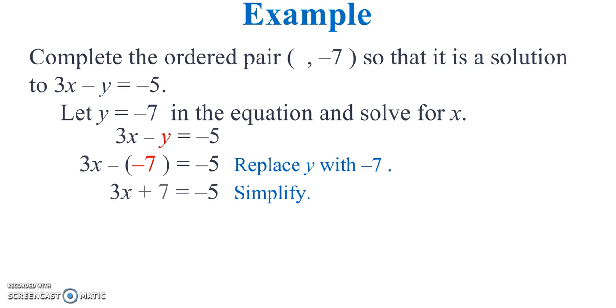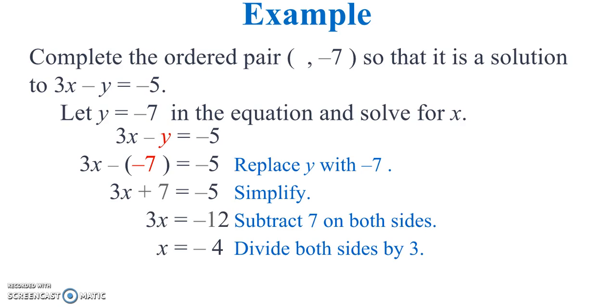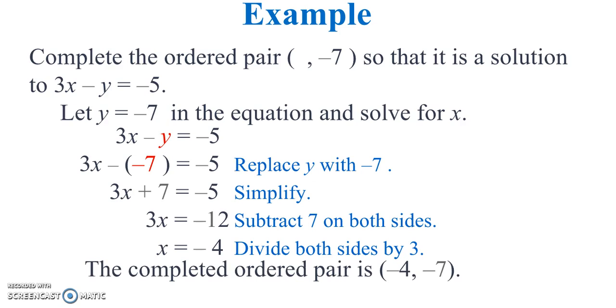Subtract 7 from both sides and you get negative 12, because negative 5 plus a negative 7 is a negative 12. Divide by 3. x equals negative 4. I plug that in, so my completed ordered pair will be negative 4, negative 7. Because both numbers are negative, I know I'm going to be in quadrant 3, which is the bottom left-hand side.